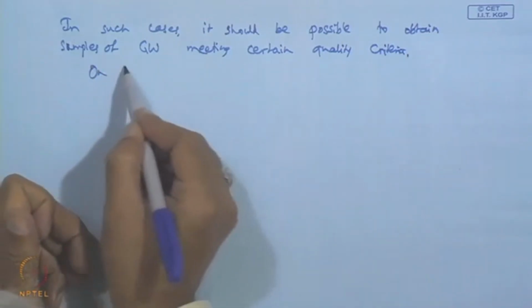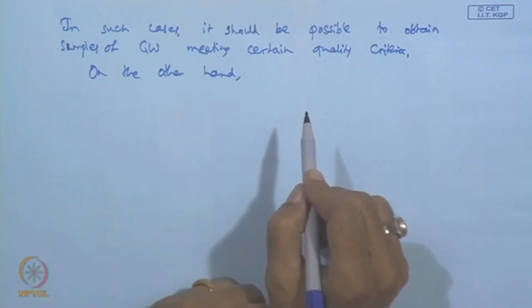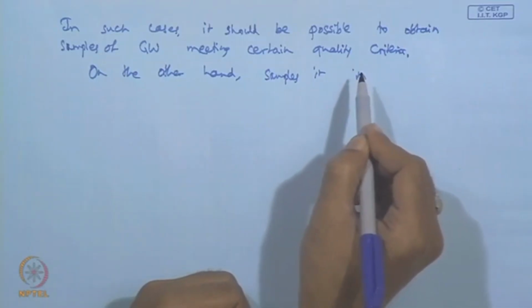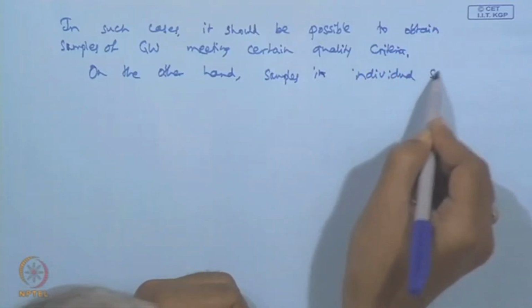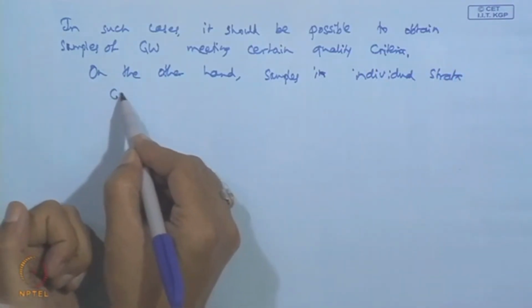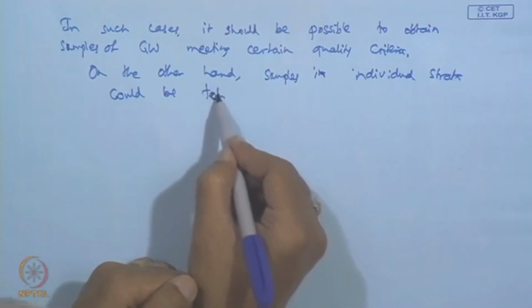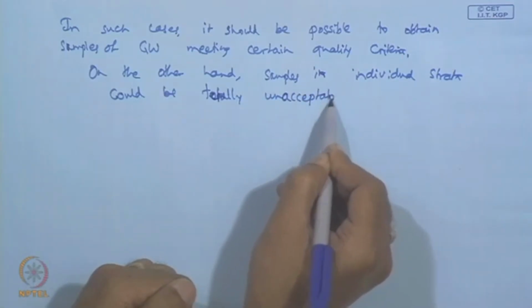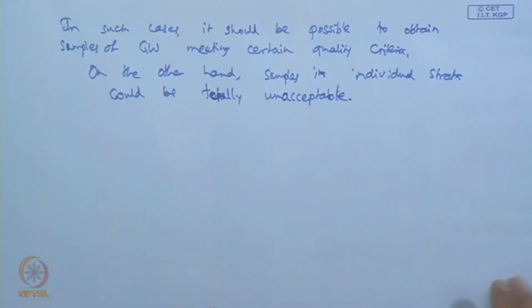On the other hand, samples in individual strata could be totally unacceptable, because there is only a single strata, and so it may not be representative.